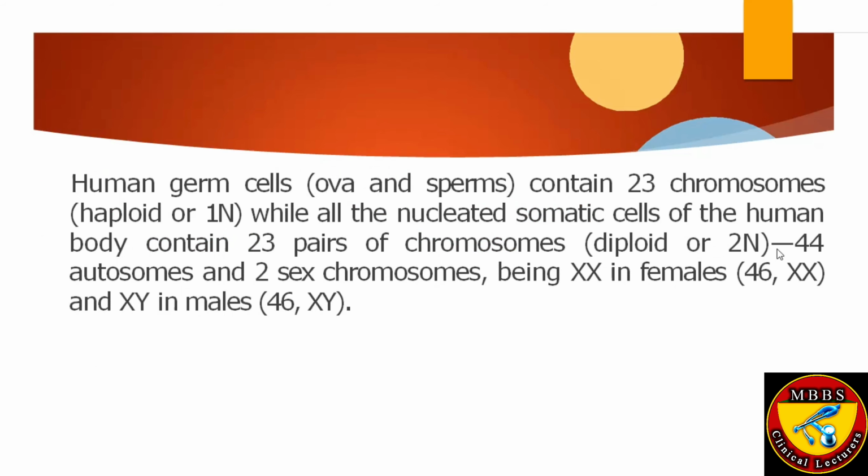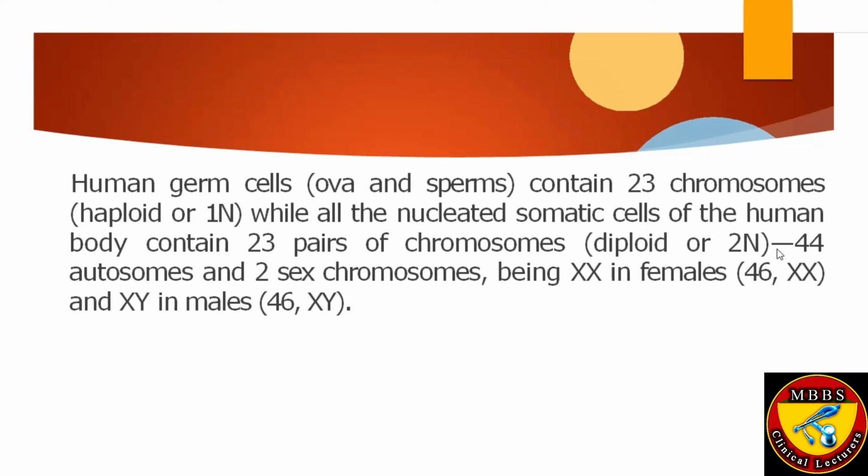As we know, the human germ cells, ova and sperm, both contain 23 chromosomes, that is the haploid number, or 1n. While all the nucleated somatic cells of the human body contain 23 pairs of chromosomes, which we call the diploid number, 2n.